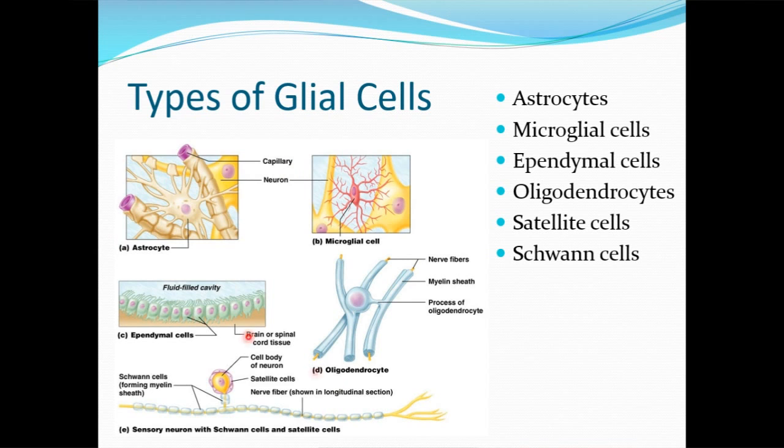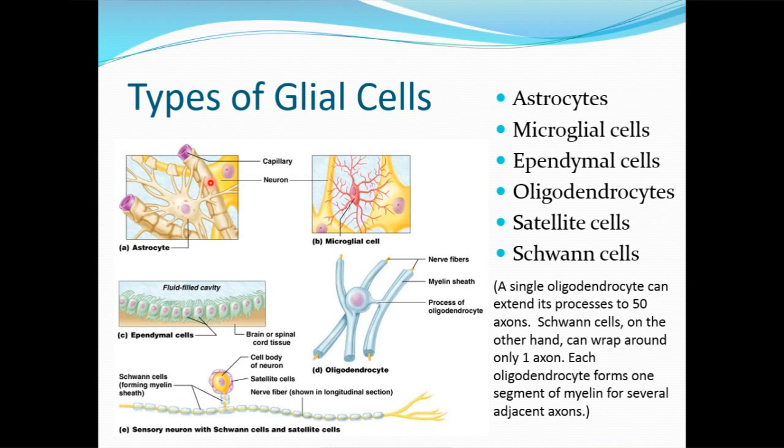Something I just want to say: the Schwann cells and the oligodendrocytes form a layer around the axons of neurons. But the astrocytes form a layer around capillaries.